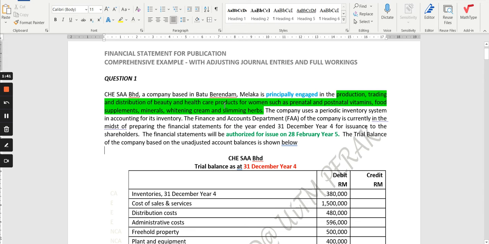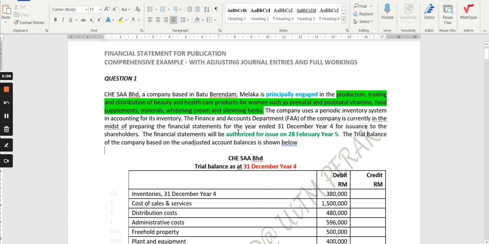The company uses a periodic inventory system for the inventory. The finance and accounts department now is preparing the financial statement for the year ended 31st of December, year 4, to be issued to the shareholders, and the financial statement will be authorized for issue on 28th of February, year 5.